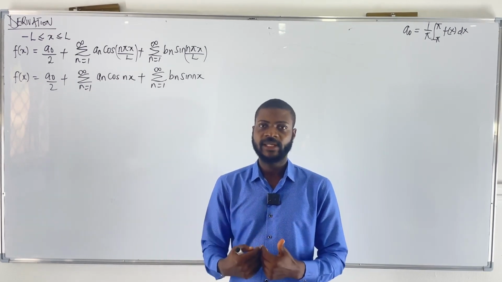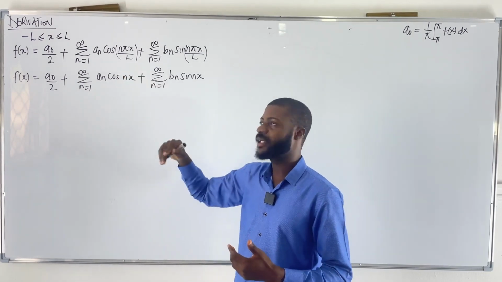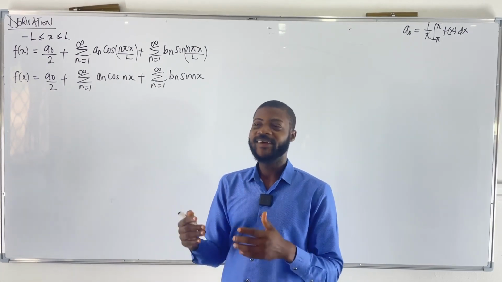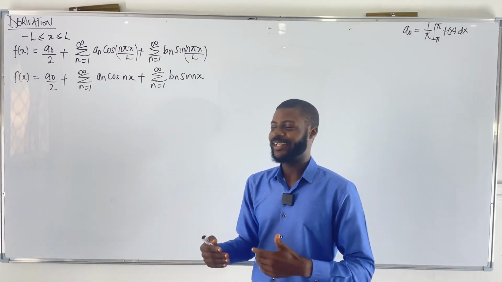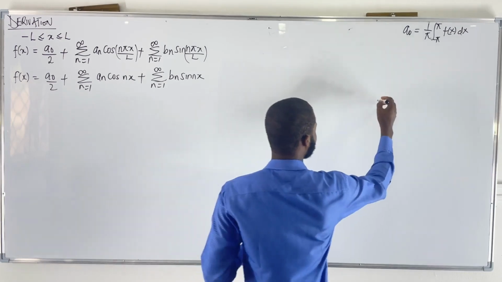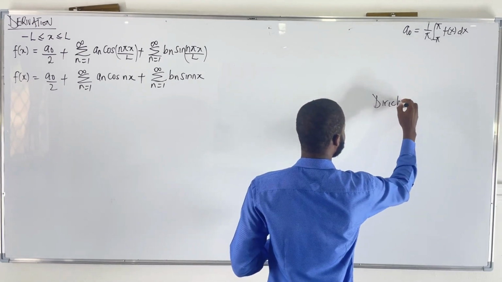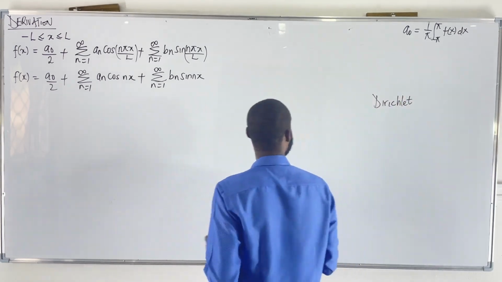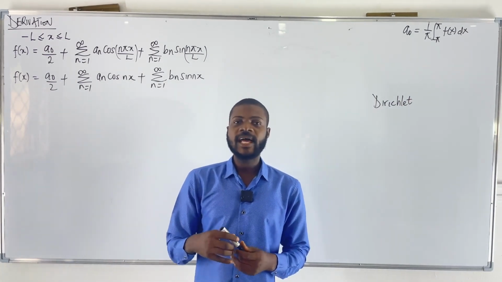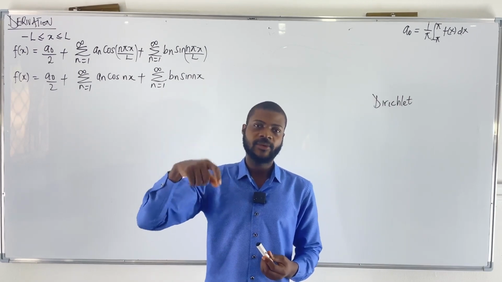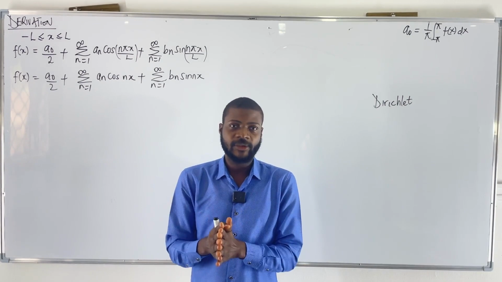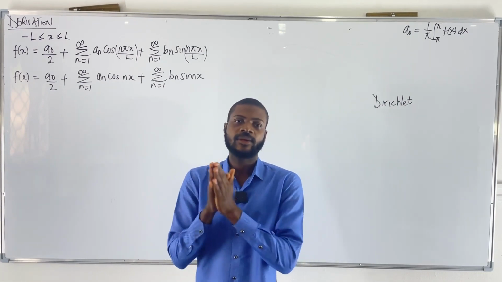That's what Fourier is saying: when a function is periodic and satisfies the Dirichlet condition, did I pronounce that well? If it satisfies that and it has a Fourier series, then that very function will be having sine and cosine in it. So it's either we have a combination of both sine and cosine, or we have only sine or only cosine.